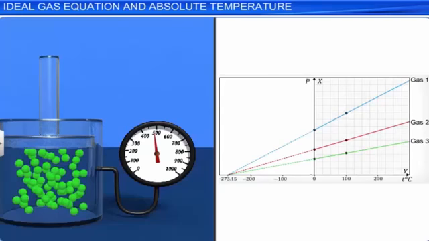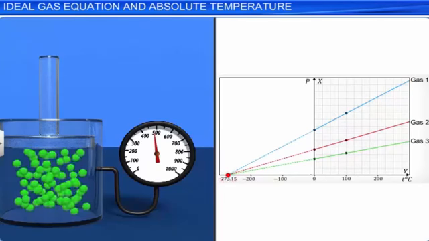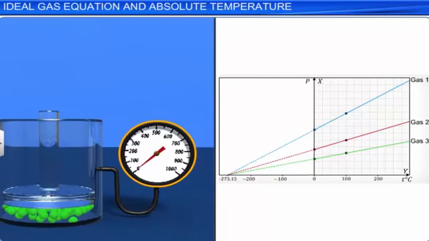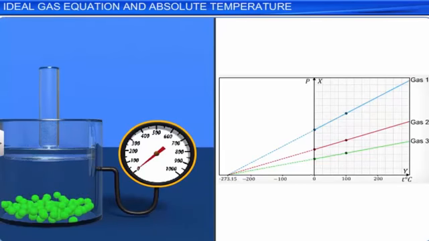That means, at temperature minus 273.15 degrees centigrade, if the gas is still in the same state, its pressure reduces to zero. In fact, at this temperature, the average kinetic energy of gas molecules becomes zero.